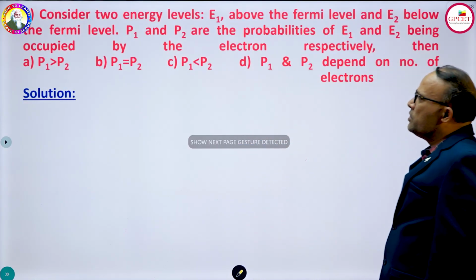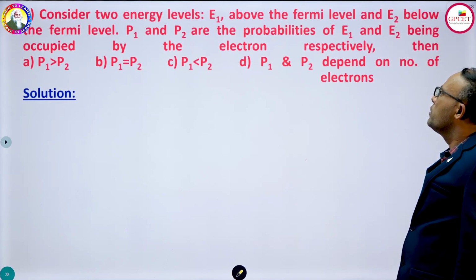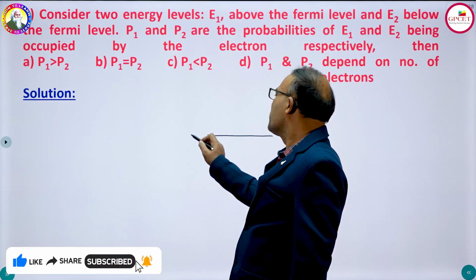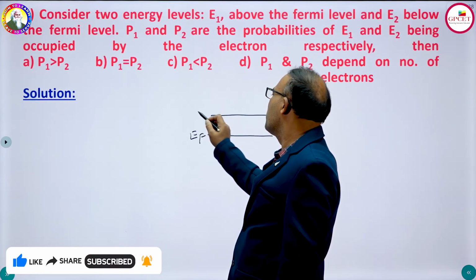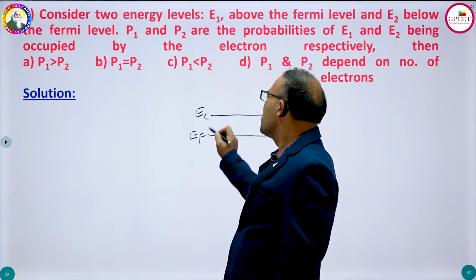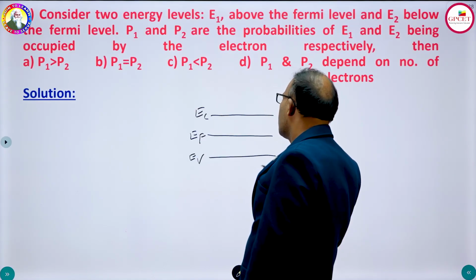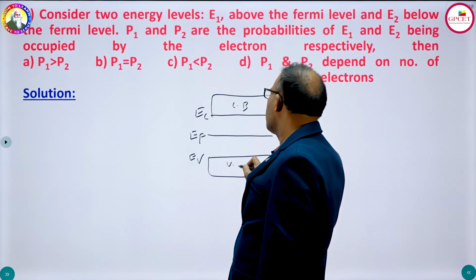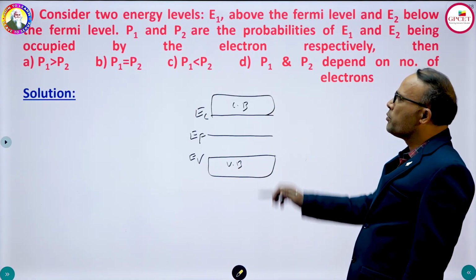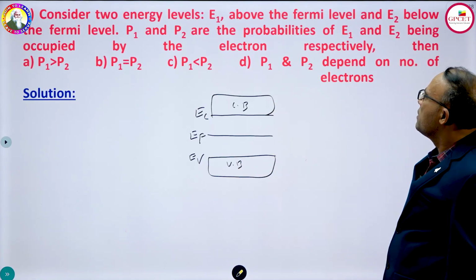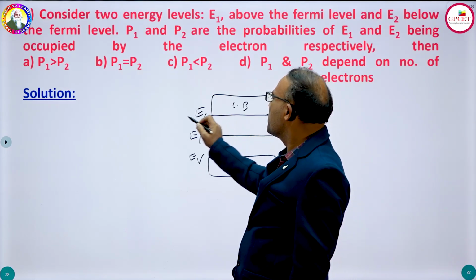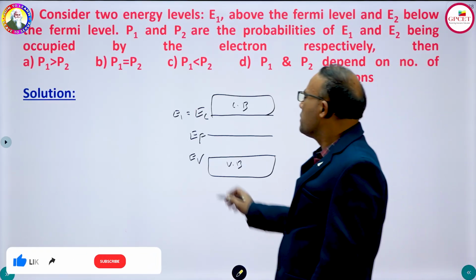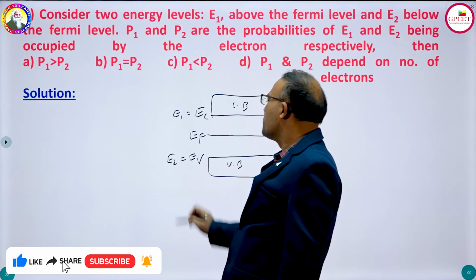The next concept: consider two energy levels, E1 above the Fermi level and E2 below the Fermi level. The Fermi level is at the center, with the conduction band energy level above and the valence band energy level below. E1 is above the Fermi level and E2 is below it.